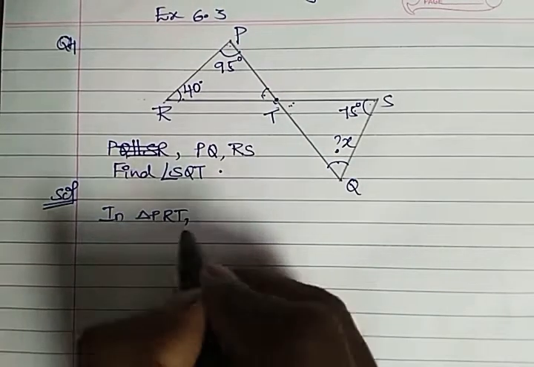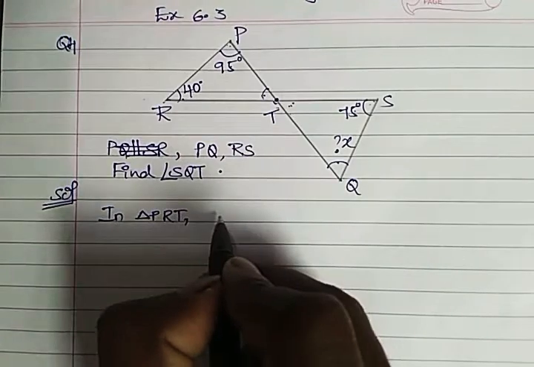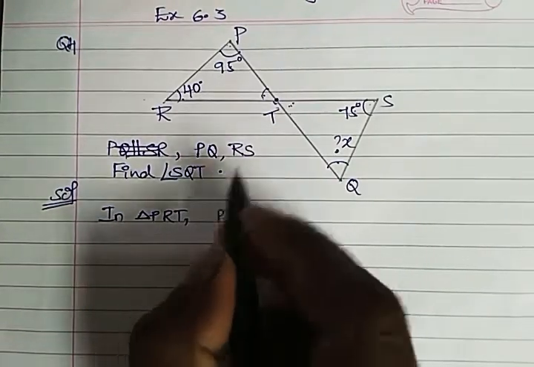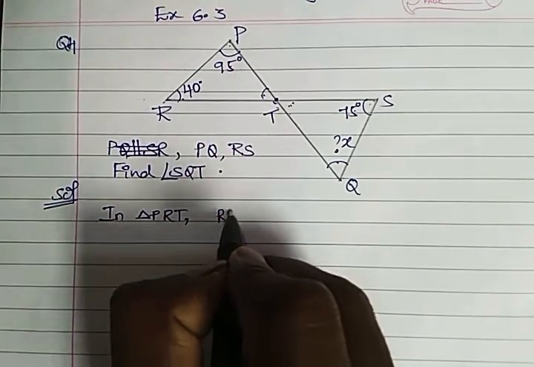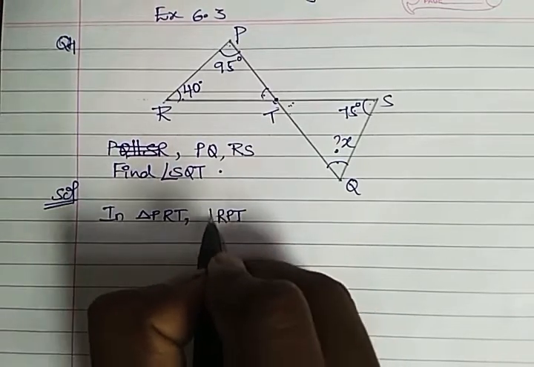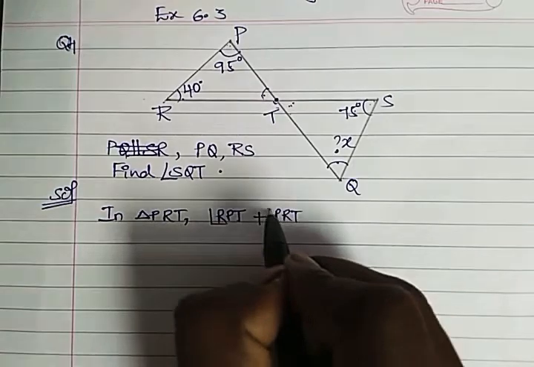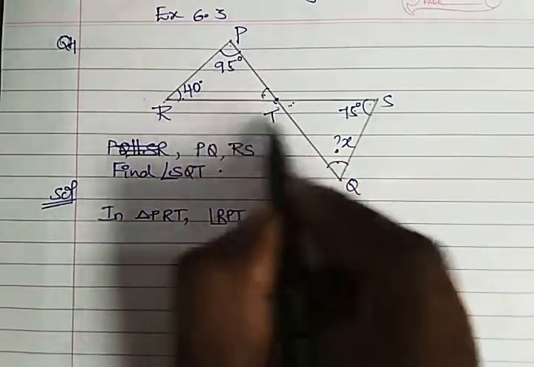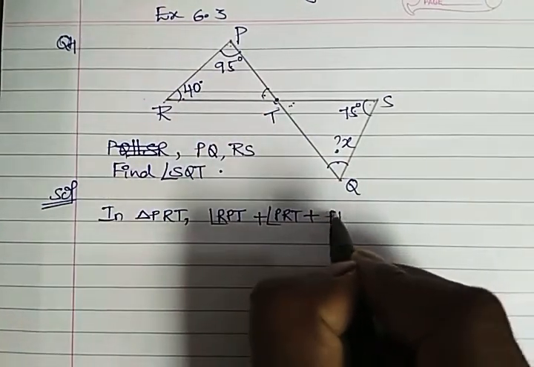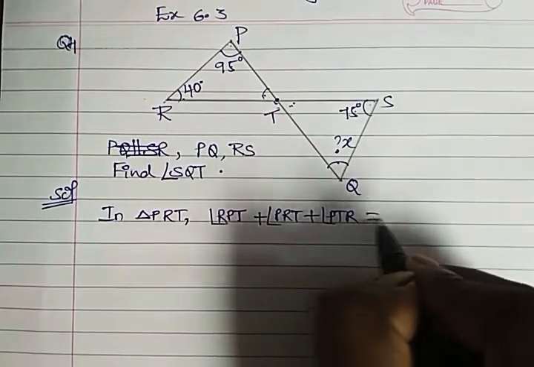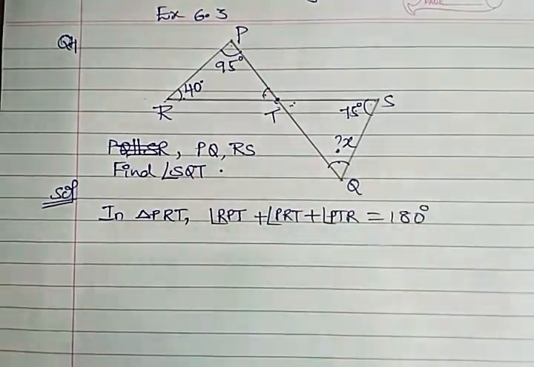So I'm writing the answer here. In triangle PRT, angle P, we will write it as RPT, angle RPT plus angle PRT plus angle PTR. The sum of 3 angles must be equal to 180 degrees.